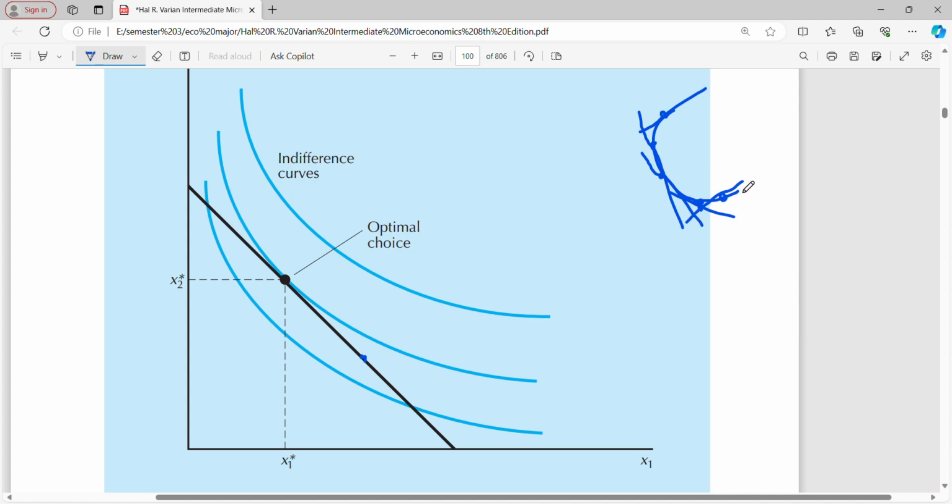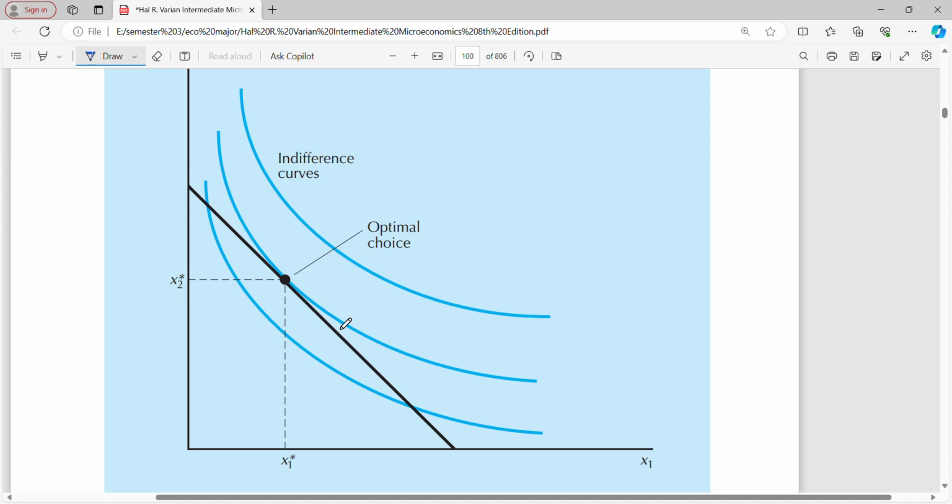Got it? So tangency is not merely touching, but requires uniqueness at each point. It is considered in the next part, that's why I explained it now itself. So that is what tangency means.